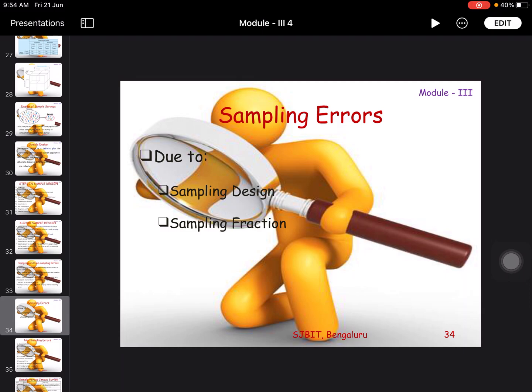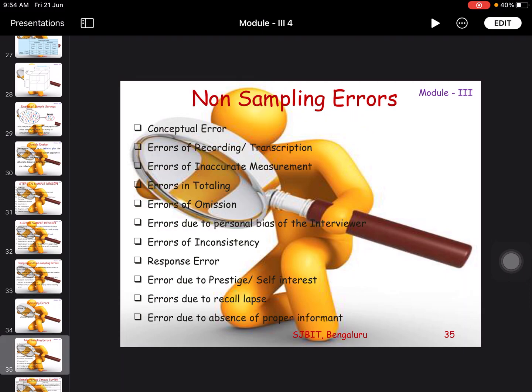When we talk of non-sampling errors, there is the conceptual error, in which the concept has been thought of, and in that direction how the samples have been collected.